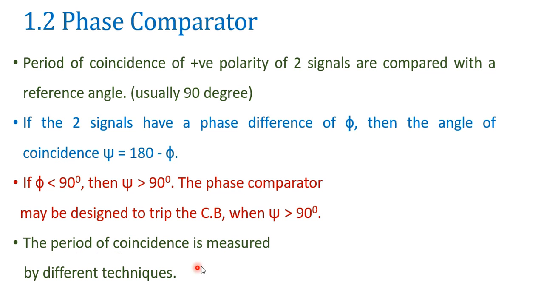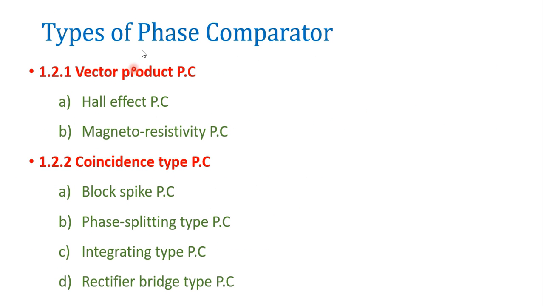The different types of phase comparator are the vector product phase comparator and the coincidence type phase comparator. Vector product types are Hall effect and magneto-resistive. Coincidence types are block spike phase comparator, splitting phase comparator, integrating phase comparator, and rectifier bridge type phase comparator.